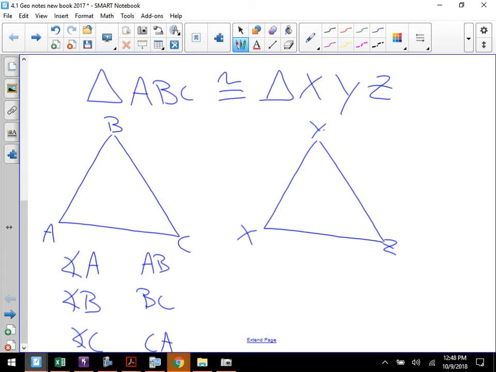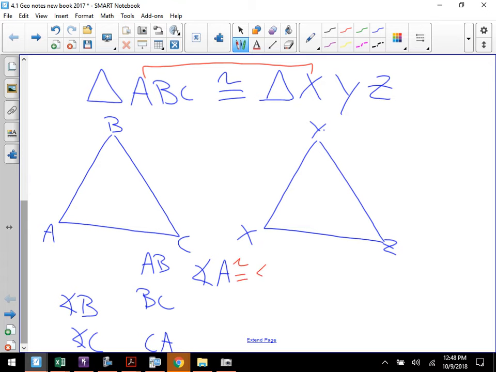The idea of using what's called a congruency statement will allow us to say that angle A has to match up with angle X. Angle B has to match up with angle Y. Everybody see where I'm going with that?